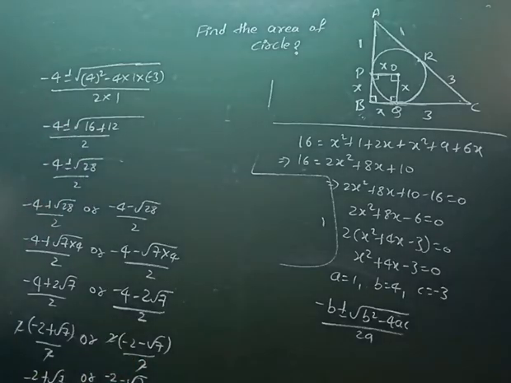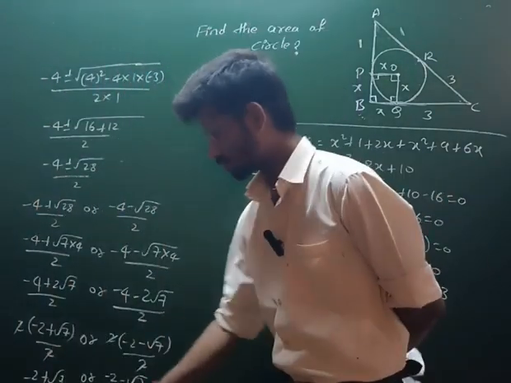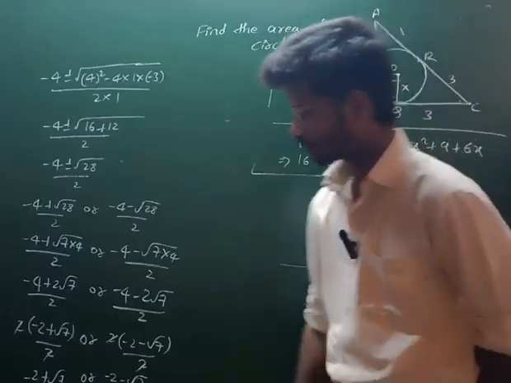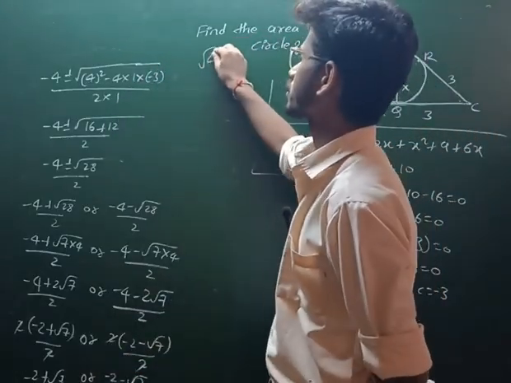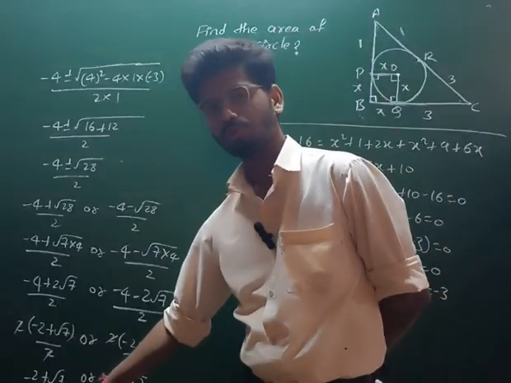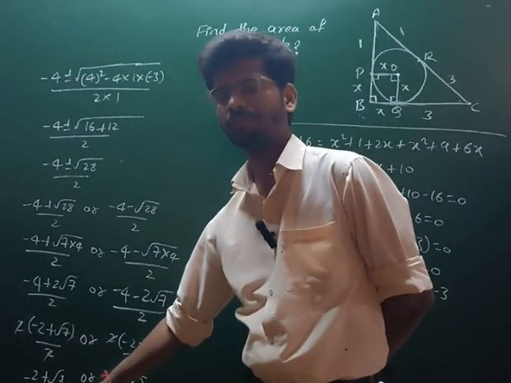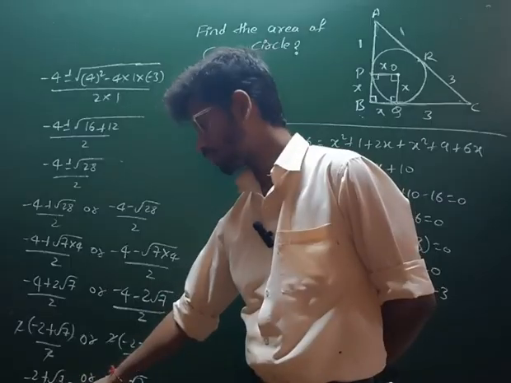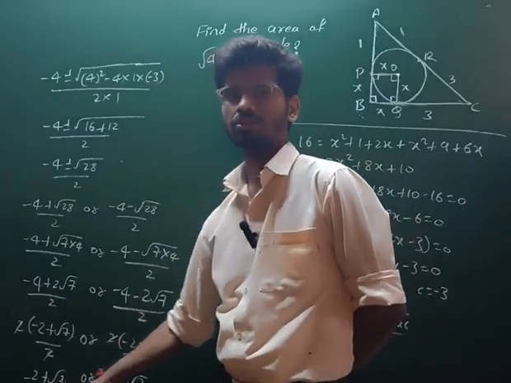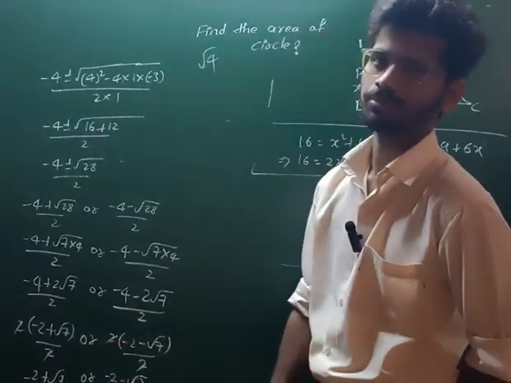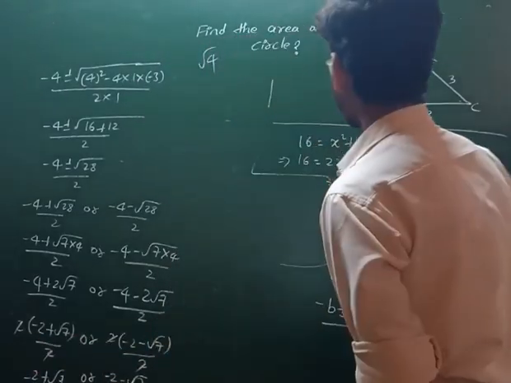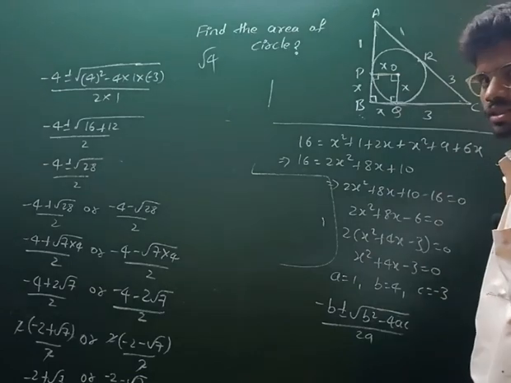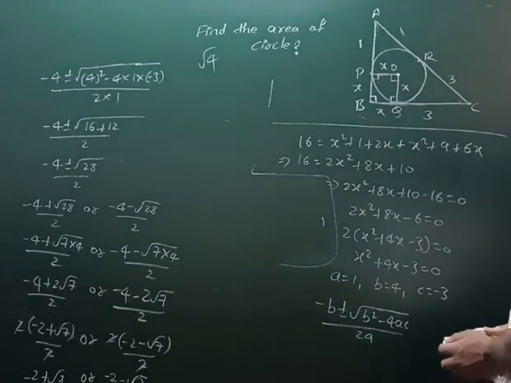Now this second value will be negative, and this first one will be positive. Why? Because √4 is 2, and √7 is more than √4, so more than 2. If it is more than 2 and this is −2, then it has to be positive. As we are finding x, which is nothing but the length, that length has to be positive.